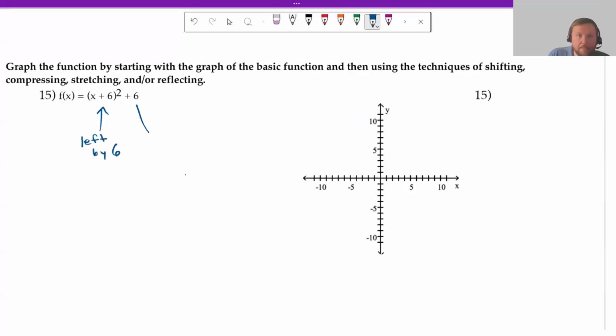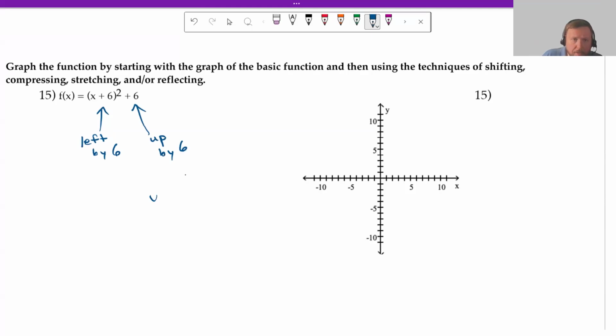This is telling us up by 6. And make sure you know how to describe those in words. You are expected to know how to do that. And as long as you have enough description in there, it's fine.